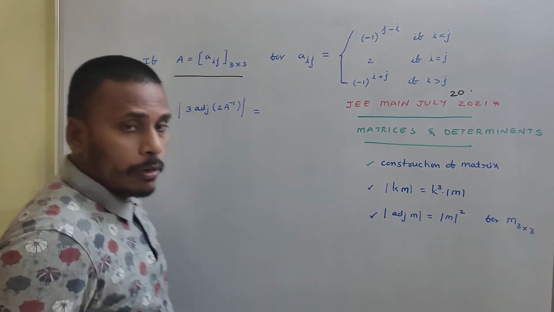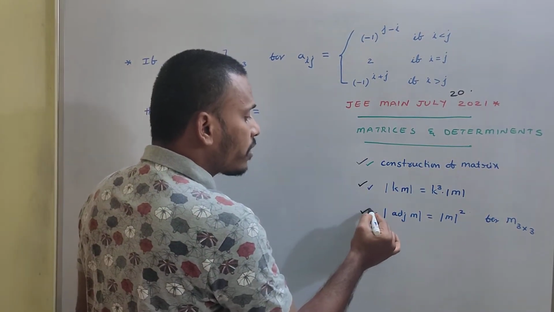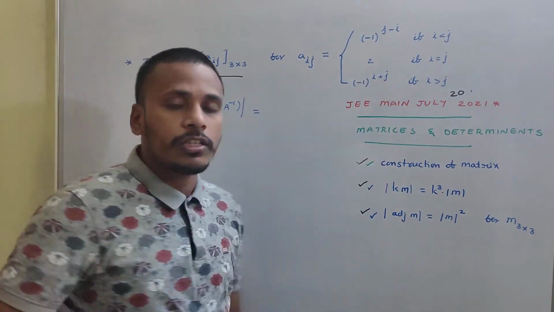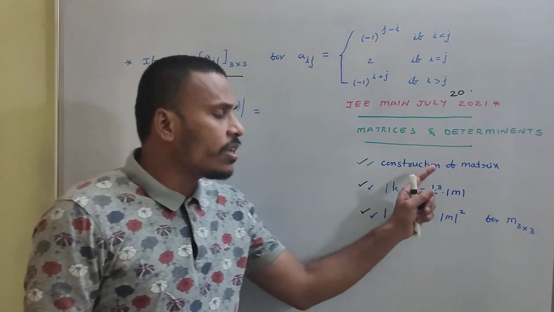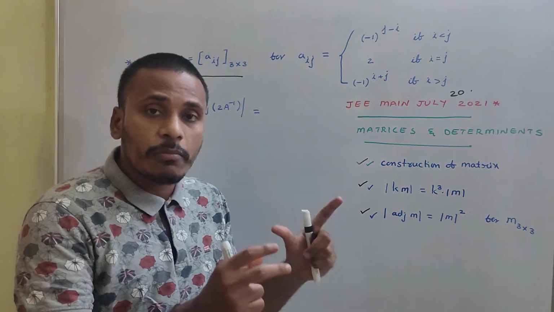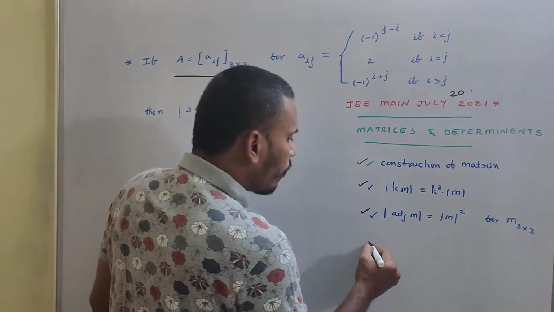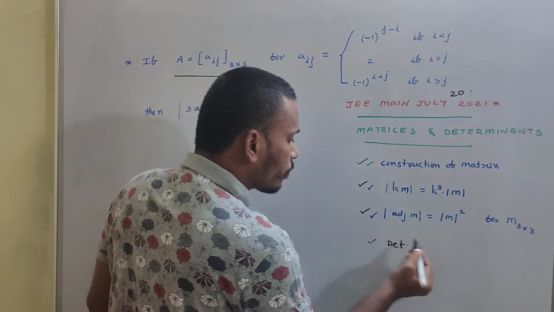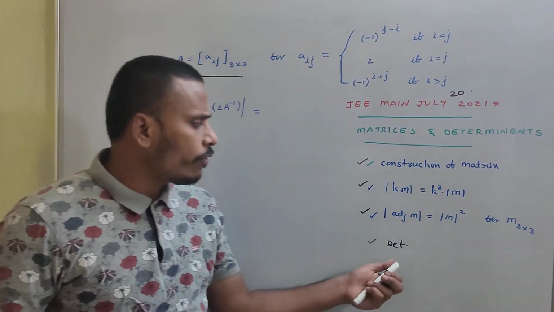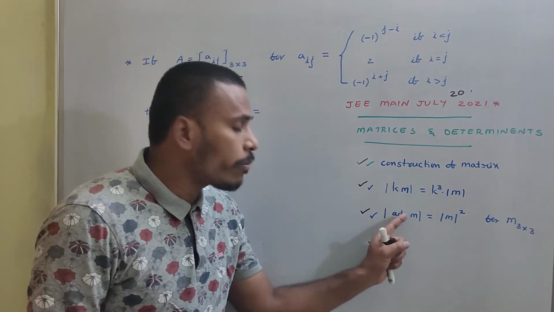To solve this problem, these are the concepts of matrices and determinants involved. The first thing is construction of the matrix. Using this definition, we need to construct matrix A first. And then we need to use the way of finding determinants, and these two determinant properties.